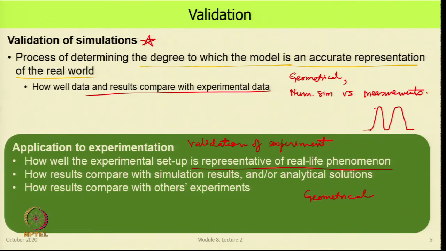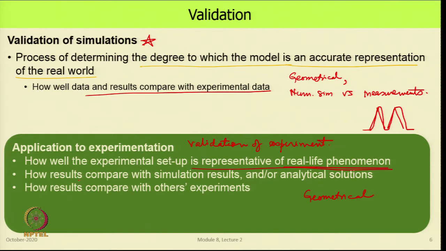Making exactly the same thing in the lab is going to be tricky. We approximate these as maybe sharp surfaces. So, we have introduced some uncertainty because of the shape. So, that is one of the examples of this.